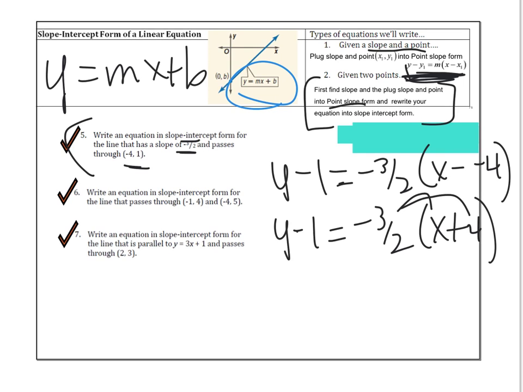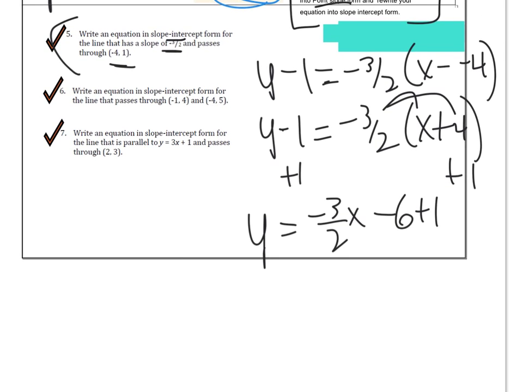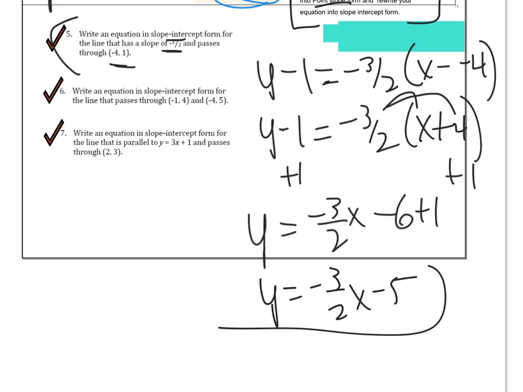Then do 2 things: distribute, add 1. So if I do that, negative 3 halves x, and that's going to be minus 6 plus 1. All right, that's what happens when I distribute it. So that's going to be y equals negative 3 halves x minus 5. There's my slope-intercept form right there.